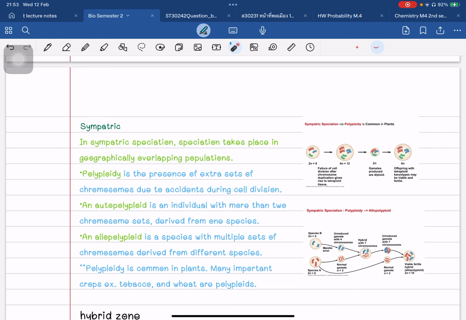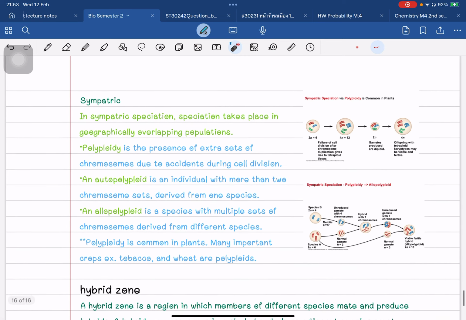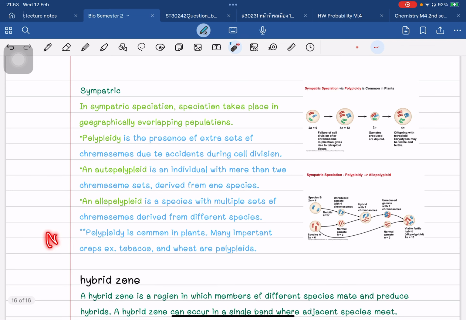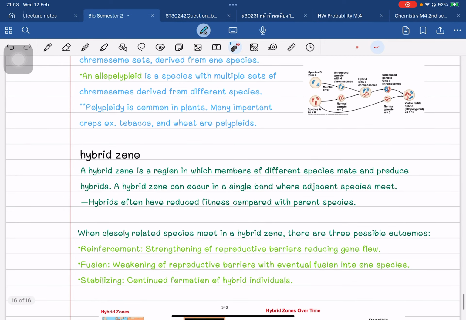Autopolyploidy is when an individual has more than two chromosome sets derived from one species. Another one is allopolyploidy. It is when a species has multiple sets of chromosomes derived from different species. And a special note is that polyploidy is more common in plants. Many important crops, for example tobacco and wheat, are polyploid.